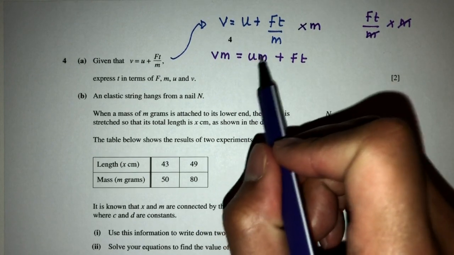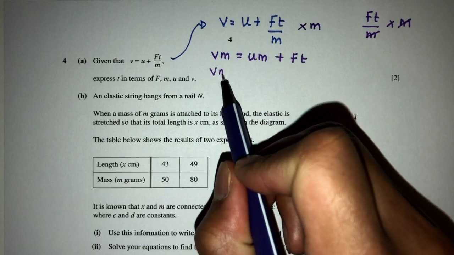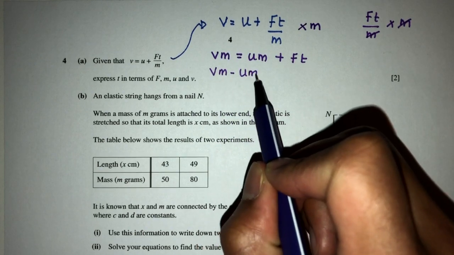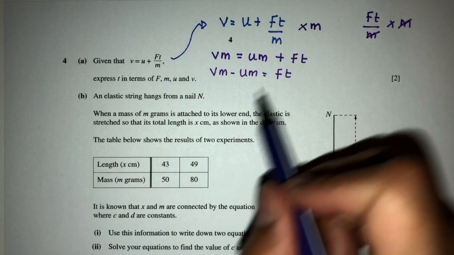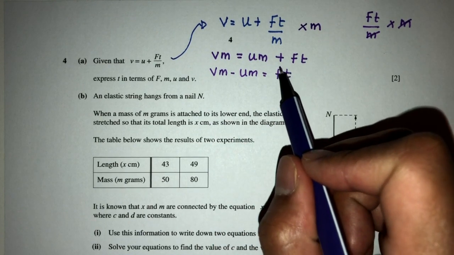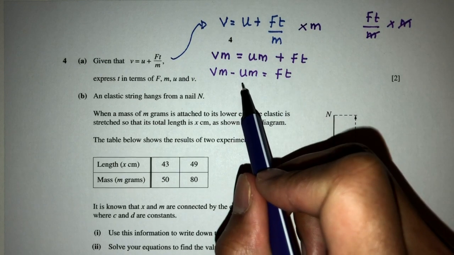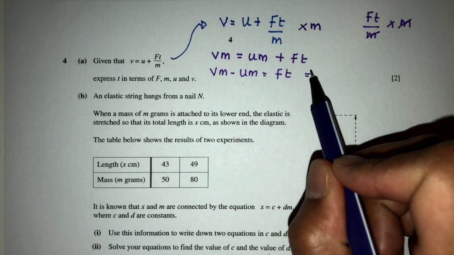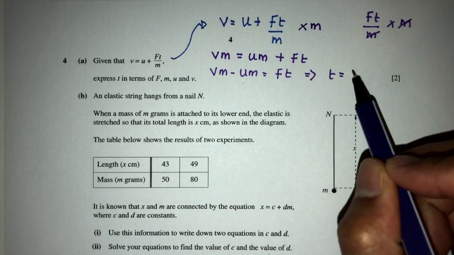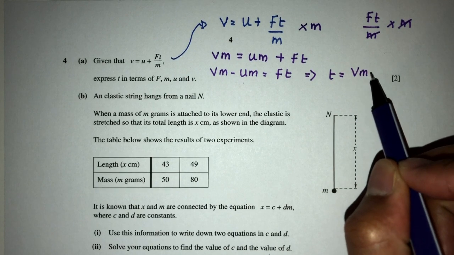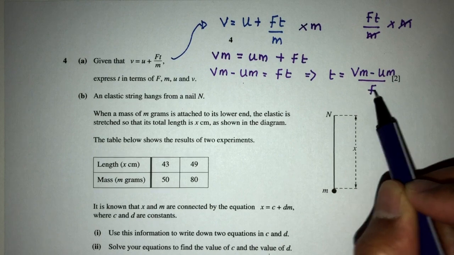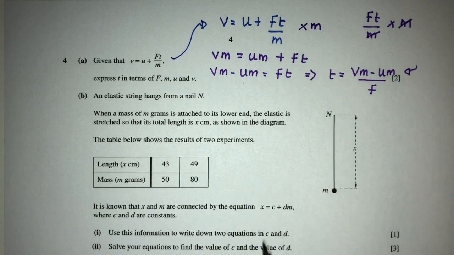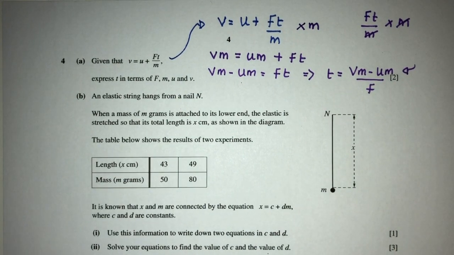Now, we send this over here, you will have Vm minus Um equal to Ft. Now, to make T the subject, we have to divide by F. So T will be Vm minus Um divided by F. And this is your answer for part A of the question.